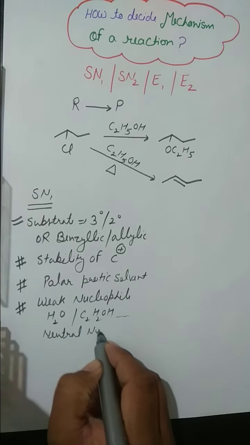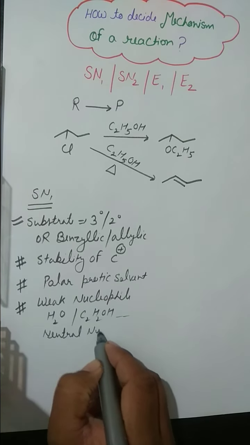Second mechanism in nucleophilic substitution reaction is SN2 mechanism. So we all know SN2 mechanism is bimolecular nucleophilic substitution reaction. It is a single step reaction and a transition state is formed.